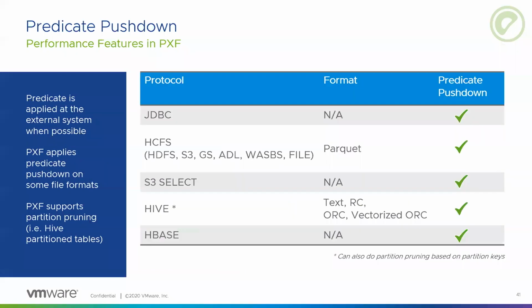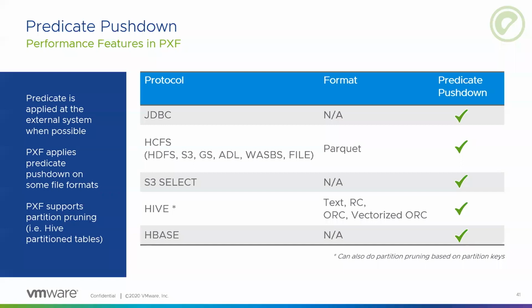In this table, we see predicate pushdown support in PXF. Depending on the external system, PXF will either push the predicates to the external system, or PXF can also do filtering internally. In the case of JDBC and S3 Select, PXF will push the filtering to the external system. In the case of Hive, PXF can do partition pruning for partitioned tables, reducing the amount of scanned files.